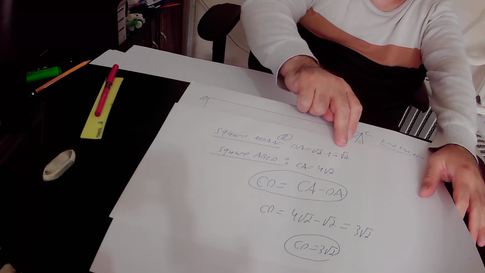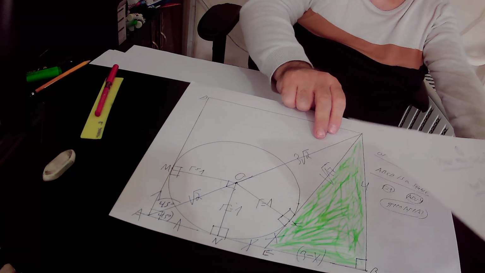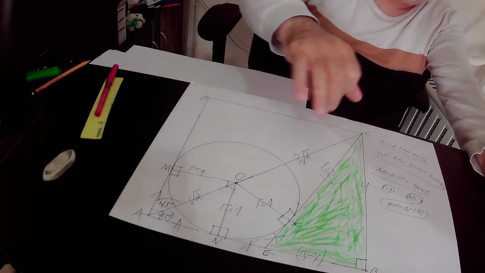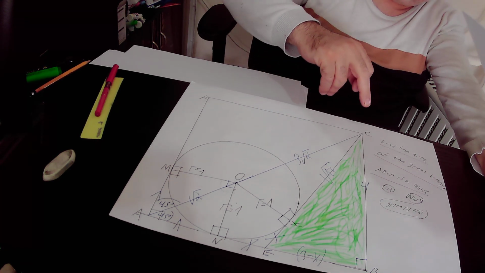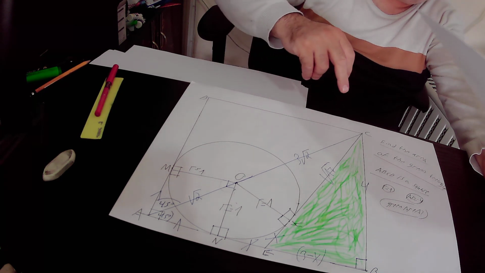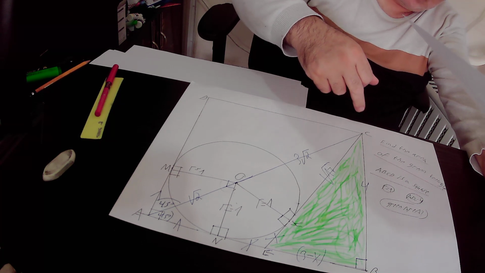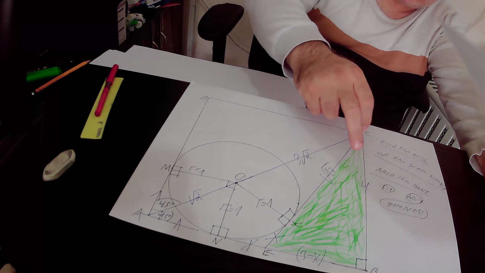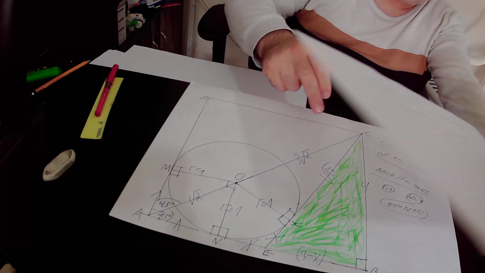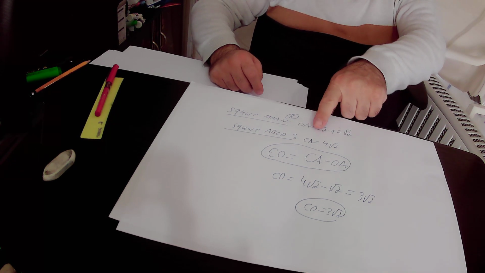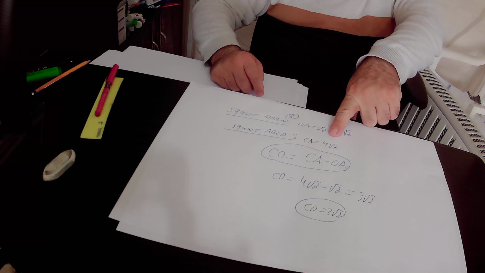Likewise, according to rule number 7, if we focus on the big square ABCD, the length of diagonal CA will be equal to the length of the side of square ABCD, which is 4 units, multiplied by square root of 2.